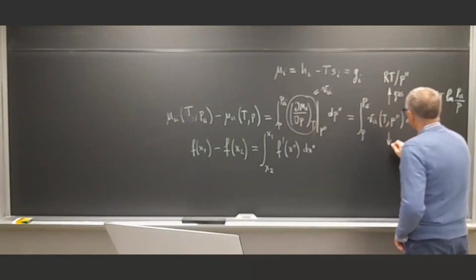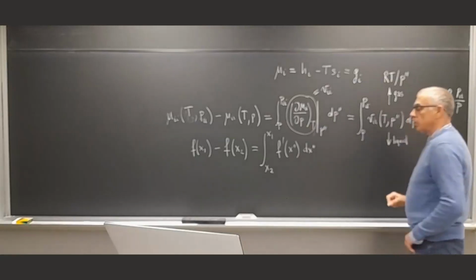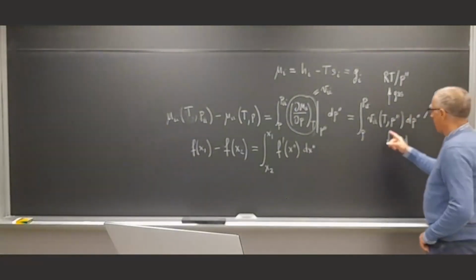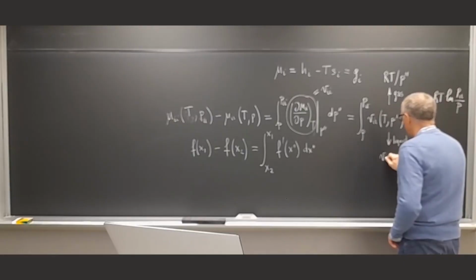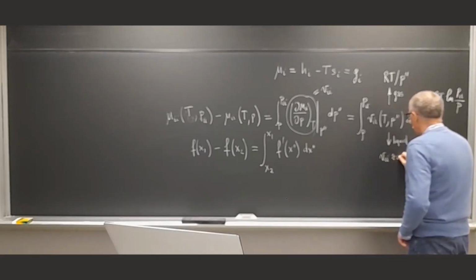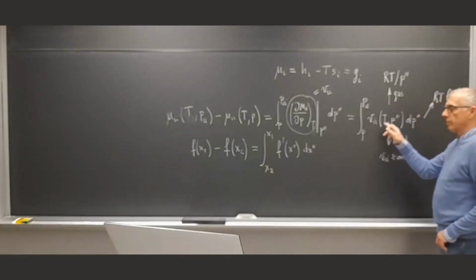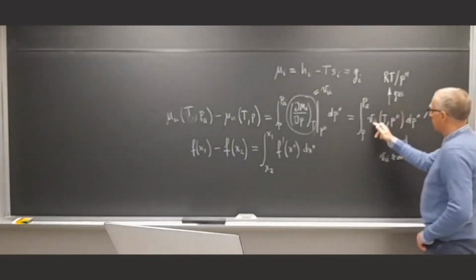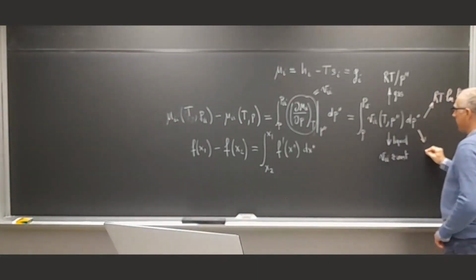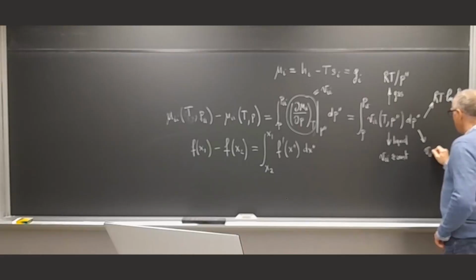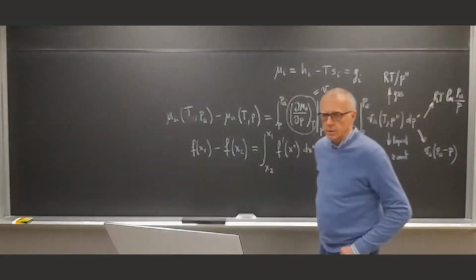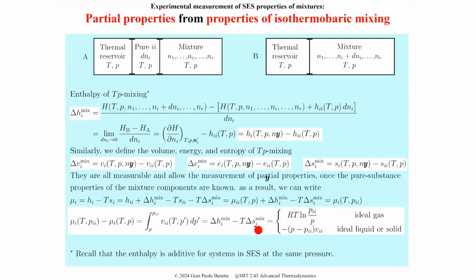If instead I have a liquid, and I can use the incompressible liquid model, for which the specific volume VII is approximately constant, meaning independent of temperature and pressure, well, if it is a constant, it goes out of the integral, and then this becomes the specific volume times PII minus P. And here in the slide, I just switched because the pressure is usually greater than the partial pressure, so I put this difference in parentheses, and then I pick up a minus sign on the other side.